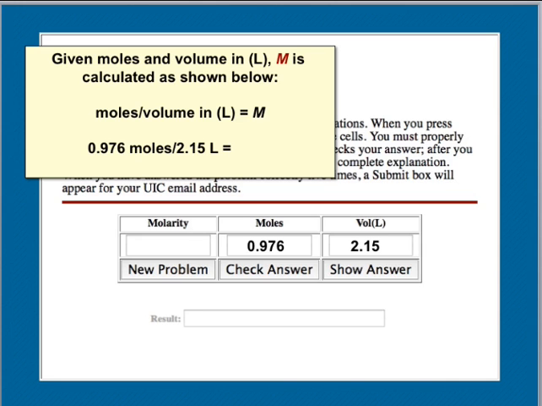We are given 0.976 moles, 2.15 liters. This is 0.454 moles per liter. Again, when you type in these things, don't use units, just the numbers.